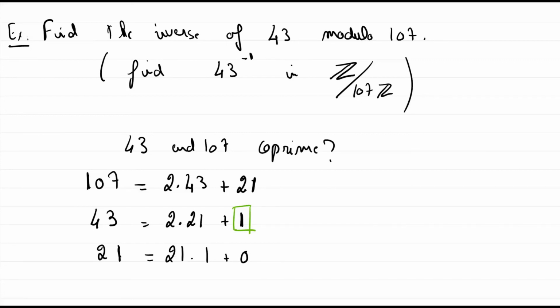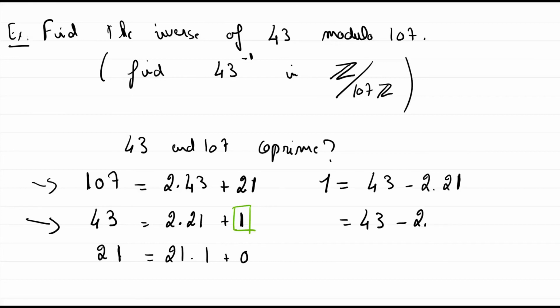By the Bezout identity, I can write 1 as something times 107 plus some other thing times 43. I can do it here in 2 steps. The first step, I use this identity to write 1 as 43 minus 2 times 21. And now I get rid of the 21, writing it as a combination of 107 and 43.